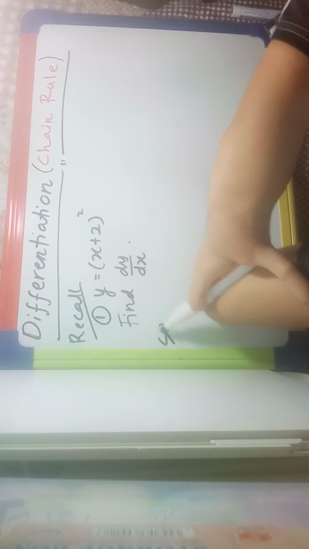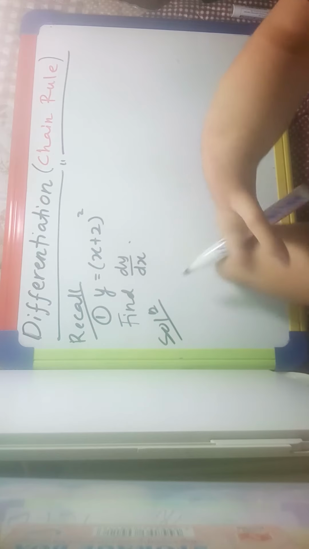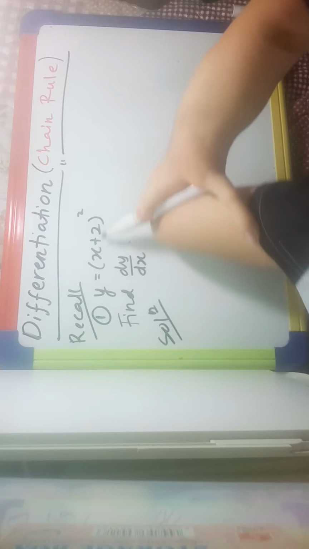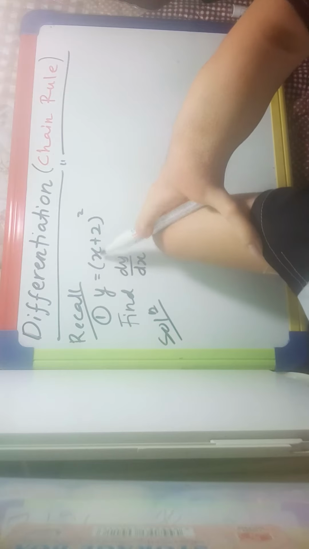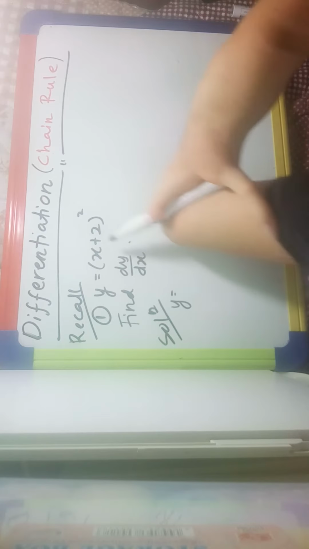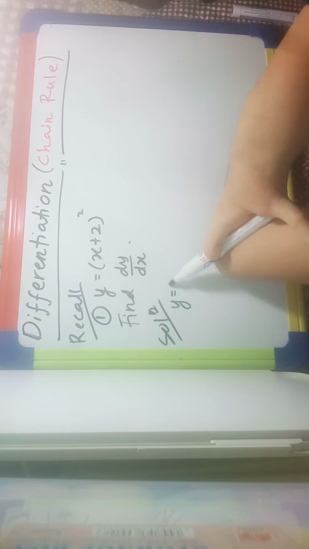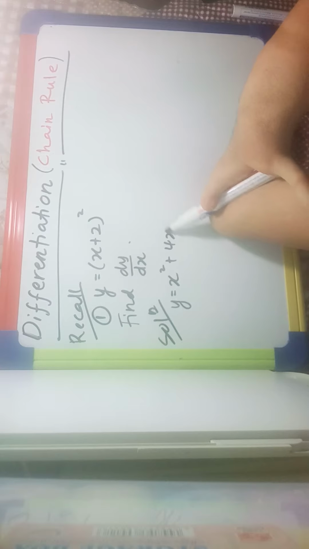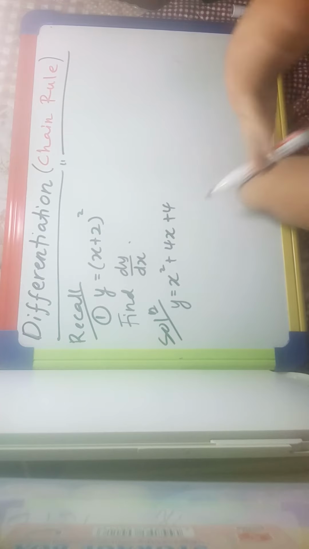when you want to find dy over dx, one alternative way is to first expand this (x plus 2) squared to become a quadratic. When I expand (x plus 2) squared, you will get x squared plus 4x plus 4.